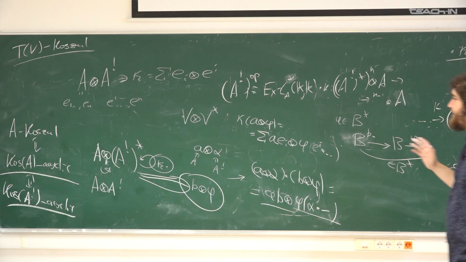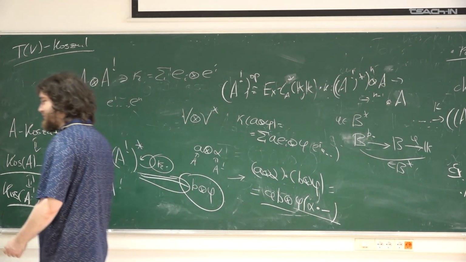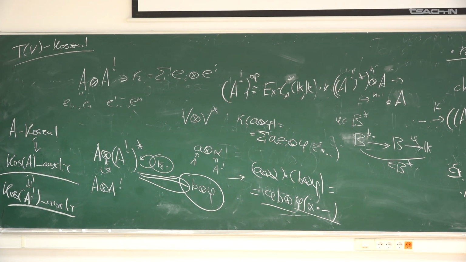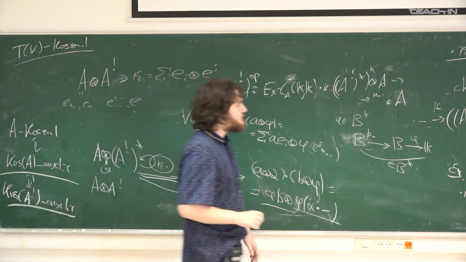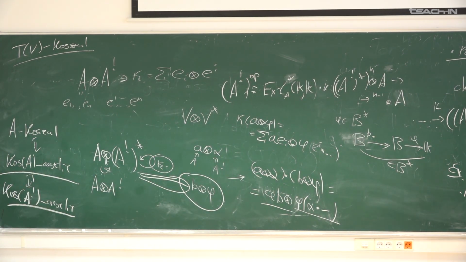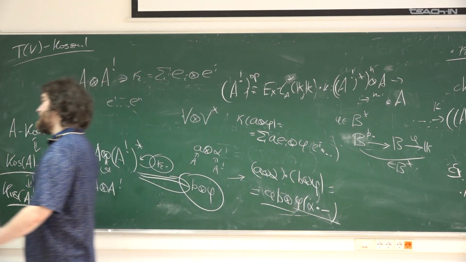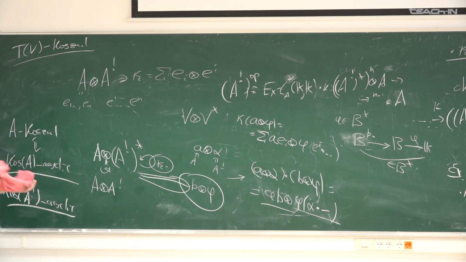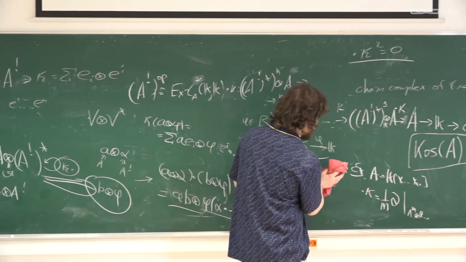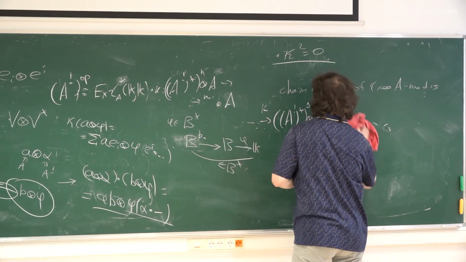And why I really wanted to say this: in general, consider, for example, the universal enveloping algebra of a Lie algebra. If you have a Lie algebra, you can consider the universal enveloping algebra. What is it?